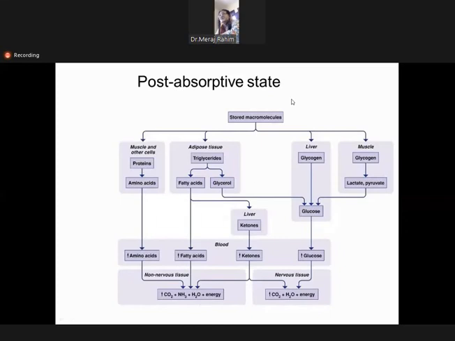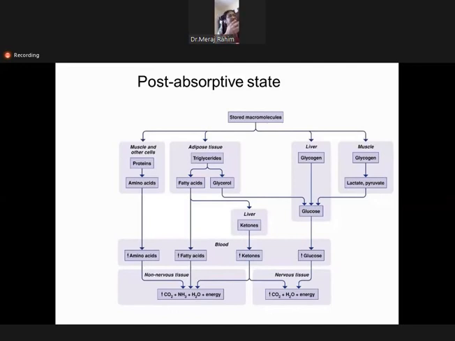Okay, so adipose tissue, the excess lipids form triglycerides, and when needed, they again break down into fatty acids and glycerol. So the body takes the nutrients, absorbs them, circulates them, then after circulation, when they are in excess, they store them, and when the body needs again, they break it down and provide the body.